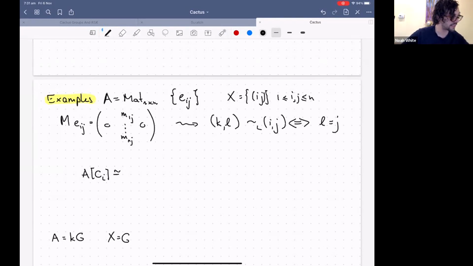This means that the cell module corresponding to this is basically spanned by a single column. So it's going to be the span of E_{ki} for k equals 1 to n. And this is an irreducible left module for this algebra.